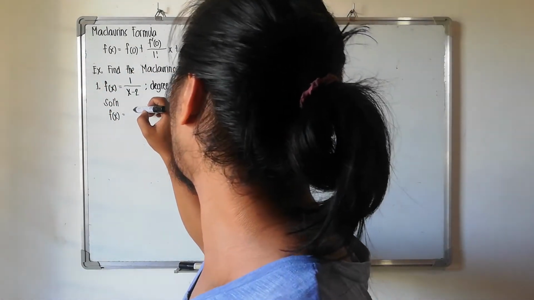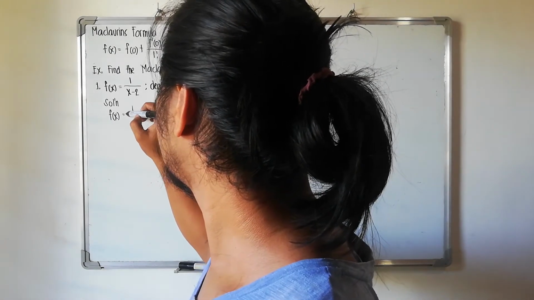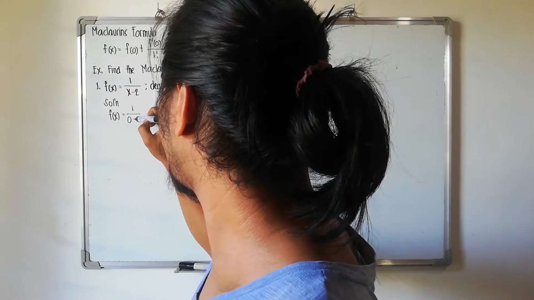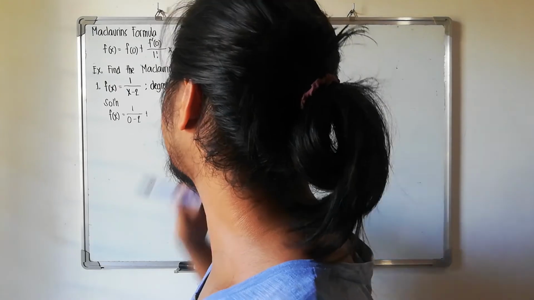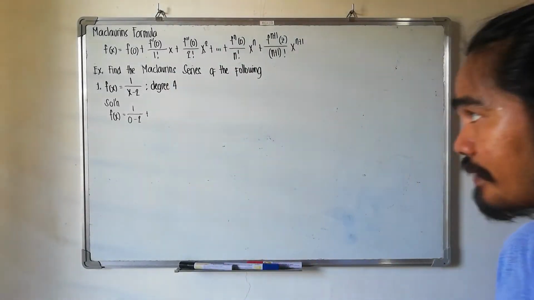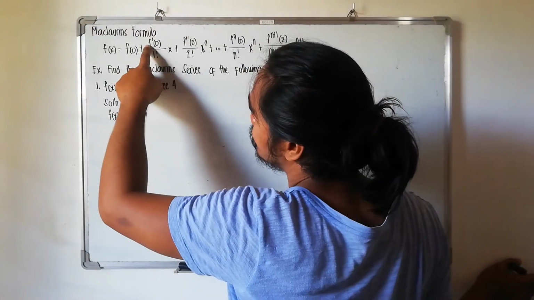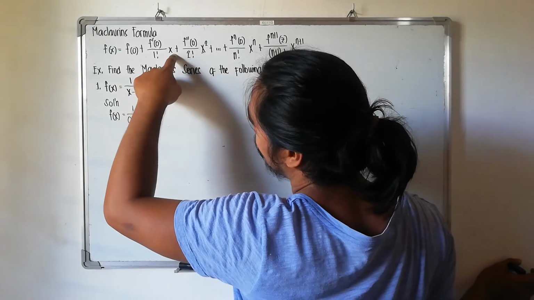So, it is 1 over 0 minus 2 plus the first derivative of the function in terms of 0 over 1 factorial times x.